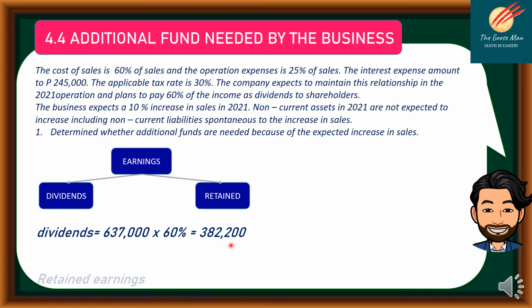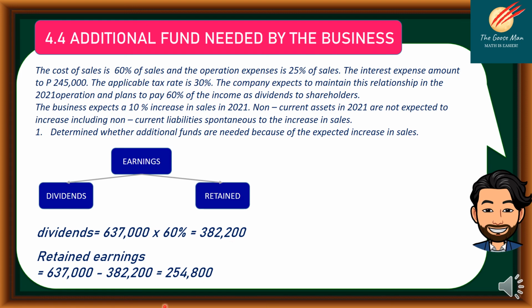Now, if we want to find the retained earnings, simply subtract 637,000 by 382,200. You now have retained earnings of 254,800.